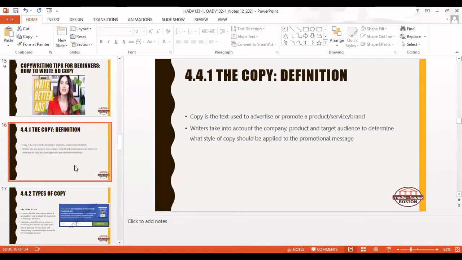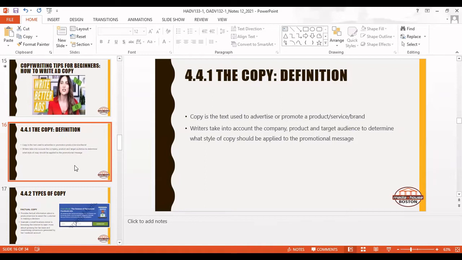Writers take into account the company, product, and target audience to determine what style of copy should be applied to the promotional message. So when copywriters are coming up with a copy, they need to understand the company, the product, and the target audience in order to comprehend the style of copy that should be applied to the promotional message.